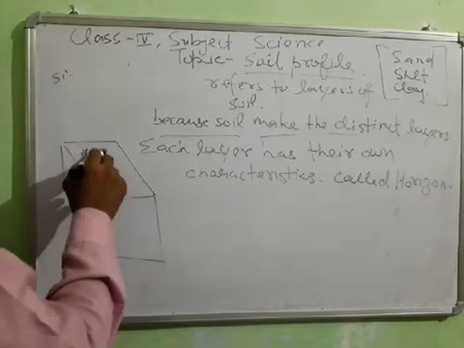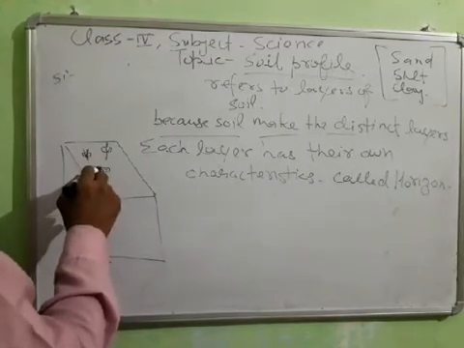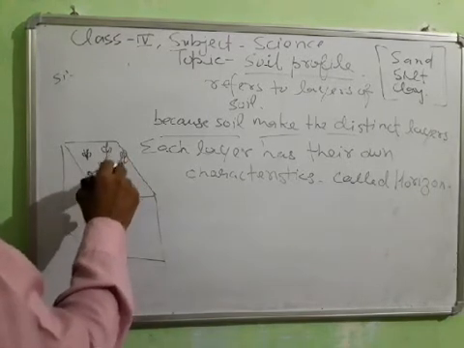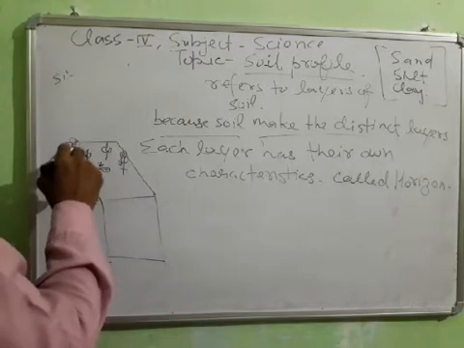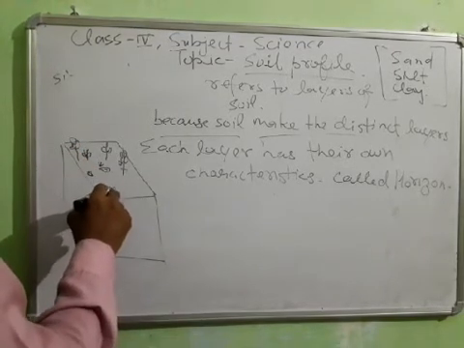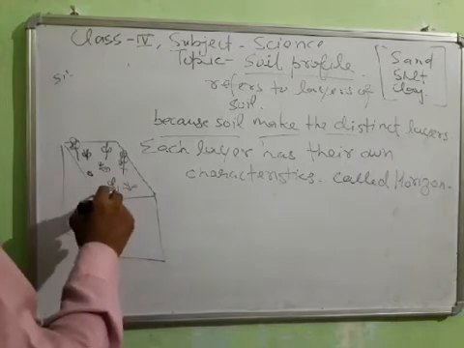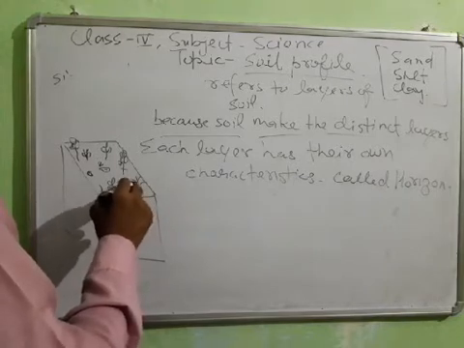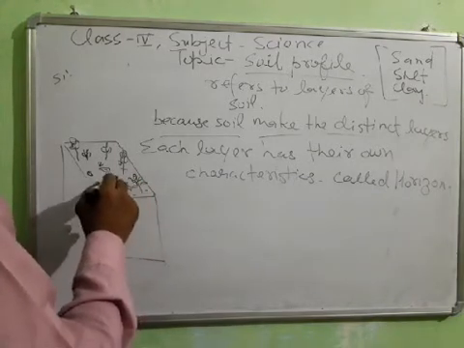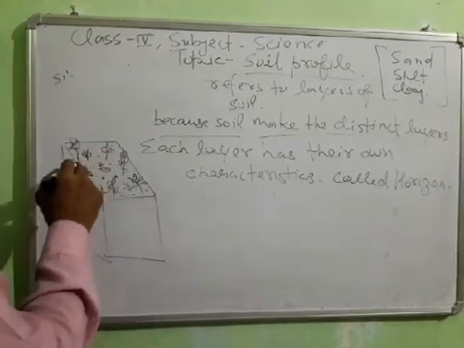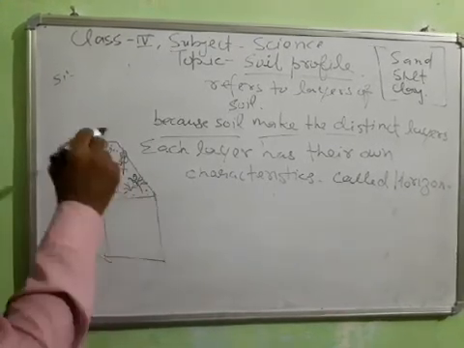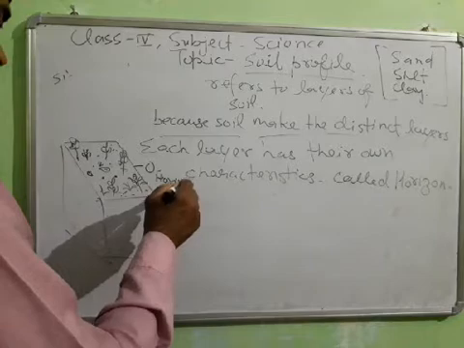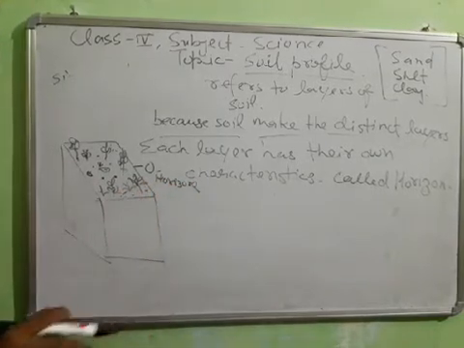Suppose some plants are grown. This is the uppermost layer of the soil, where plants are grown. This is called O horizon. It is a very thin horizon.